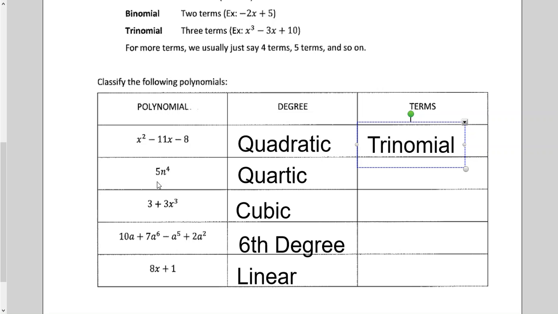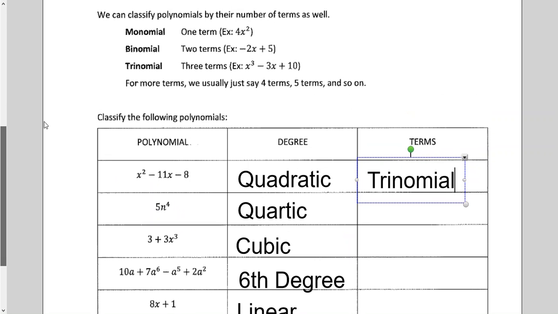So if it has one term right here, even though there's a 5, and a 4, there's like 3 things you see here, but this whole thing here is one term because it's all held together without an addition or subtraction. So when you see just one by itself, we call it a monomial.